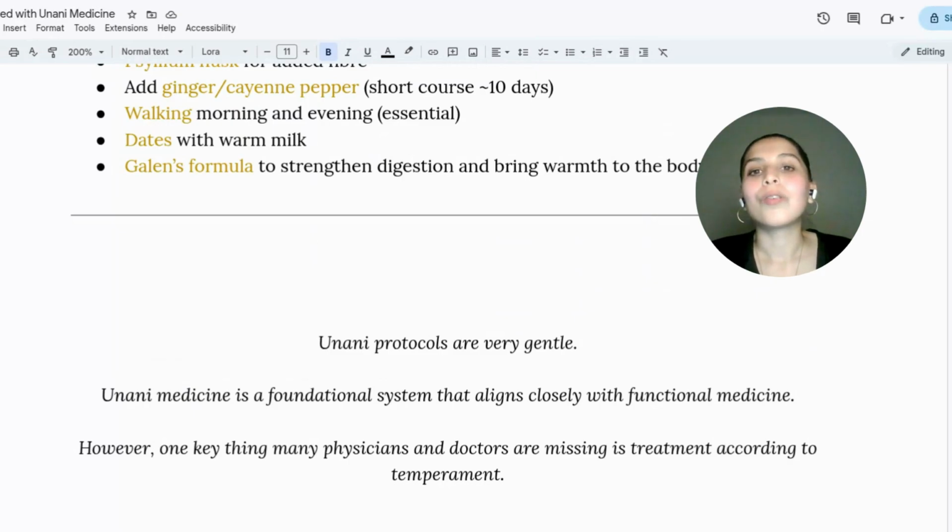We gave an in-depth functional medicine perspective on that, and we also gave the Unani perspective towards the end, to help bring everything from a functional level up a notch by including temperamental awareness when it comes to treatments.